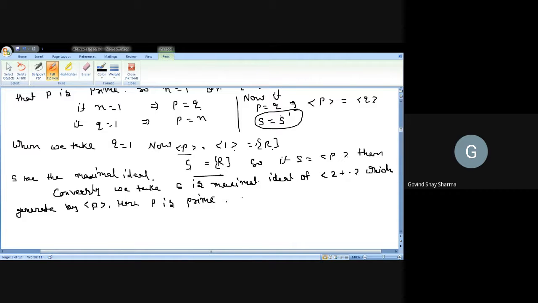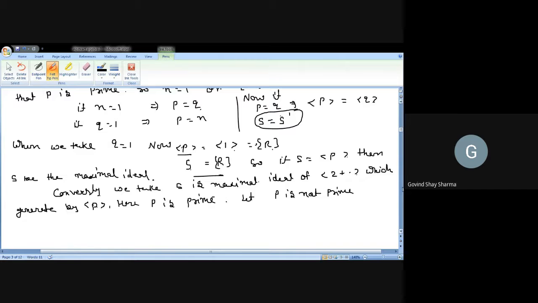Let P be not prime. If we assume that P is not prime. Okay. In this theorem, first we prove that P is prime, then we will show that S is a maximal ideal. Now we will show that if S is a maximal ideal then it is generated by a prime number.